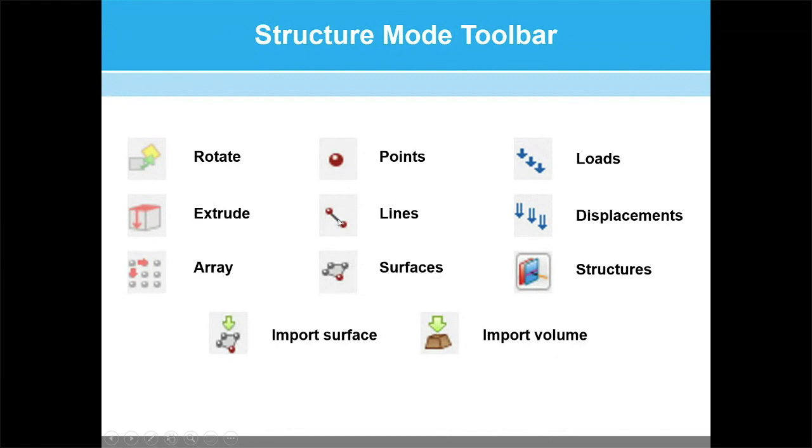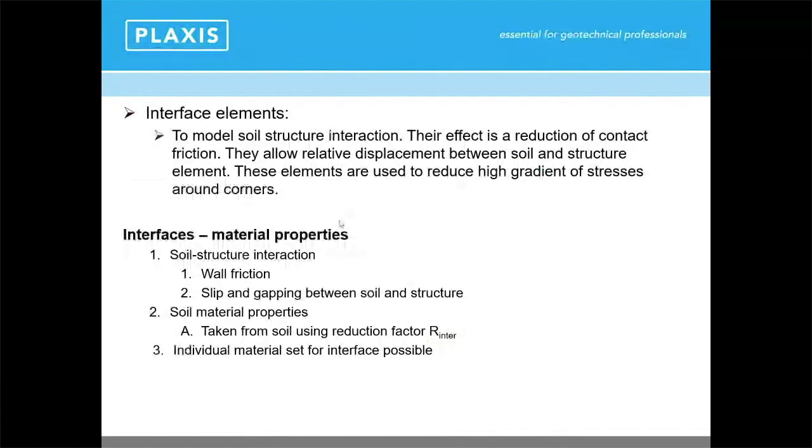We can go for rotate, point to generate single or multiple nodes, line, loads, extrude lines, displacement, array, surfaces, structure, import surface or import volume. There are a lot of tools available in 3D. The interface element is also available in 3D.